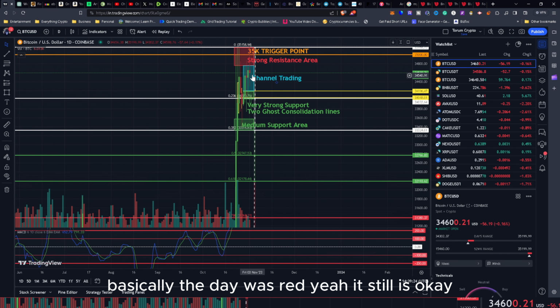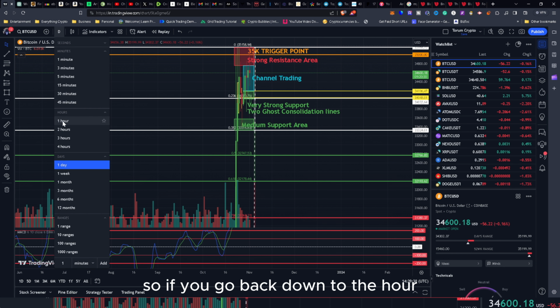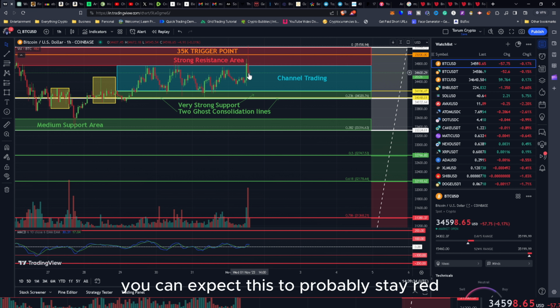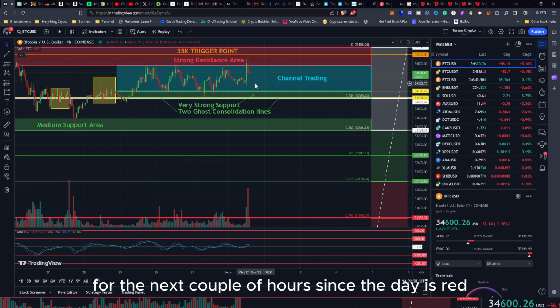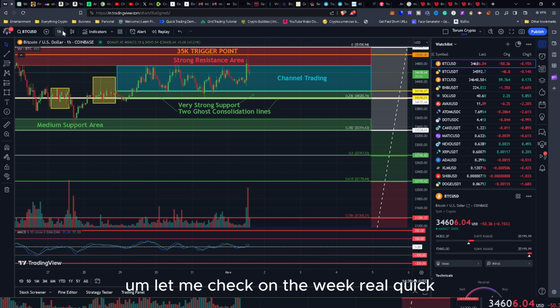Yeah, it still is. Okay. So on the day we're red. So if you go back down to the hour, you can expect this to probably stay red for the next couple of hours since the day is red. Let me check on the week real quick.